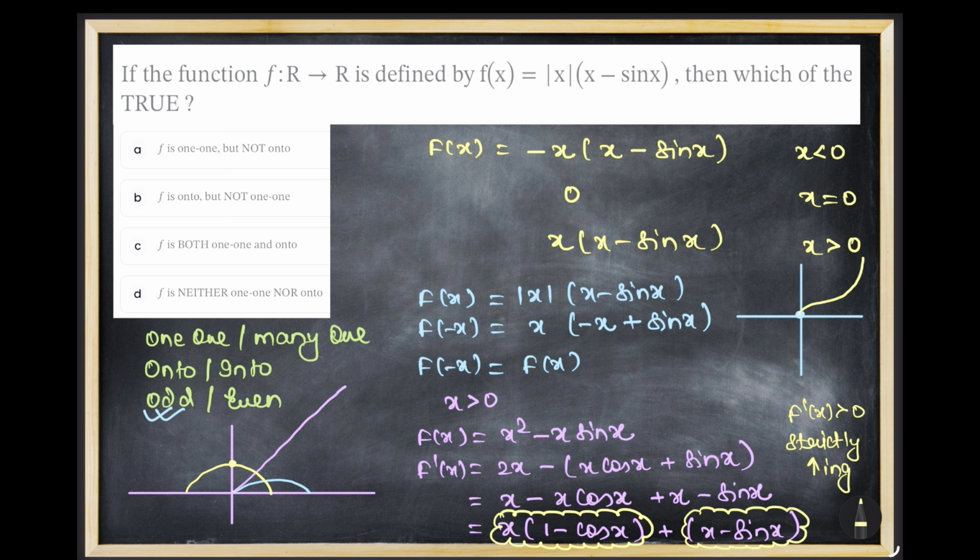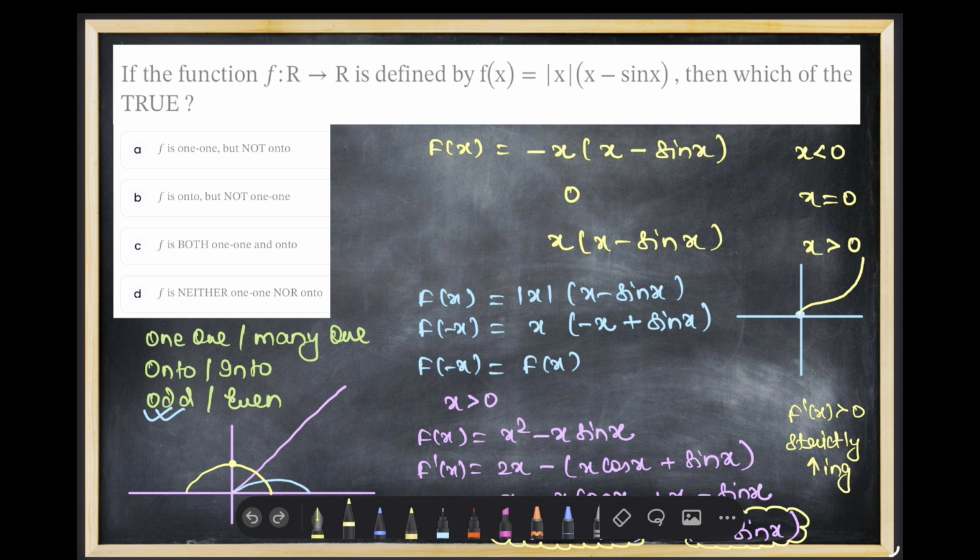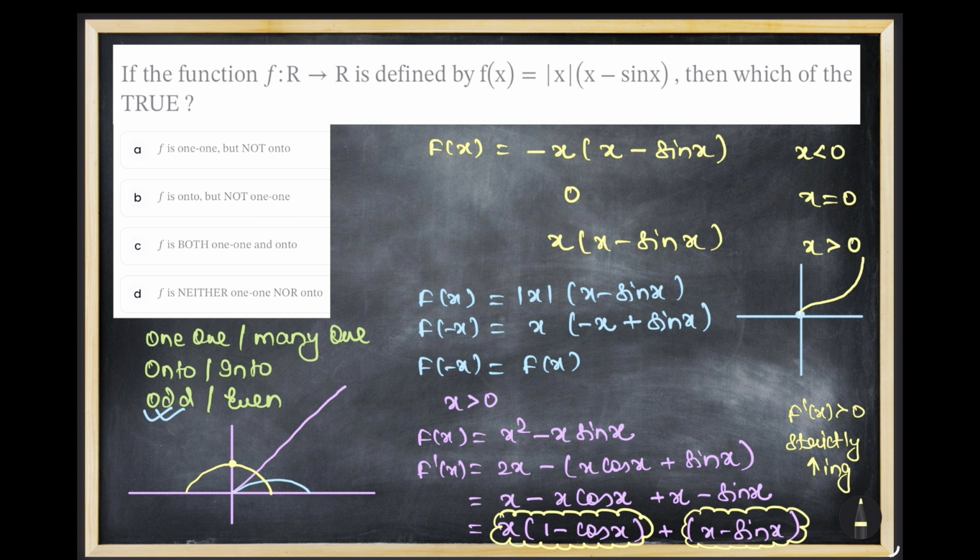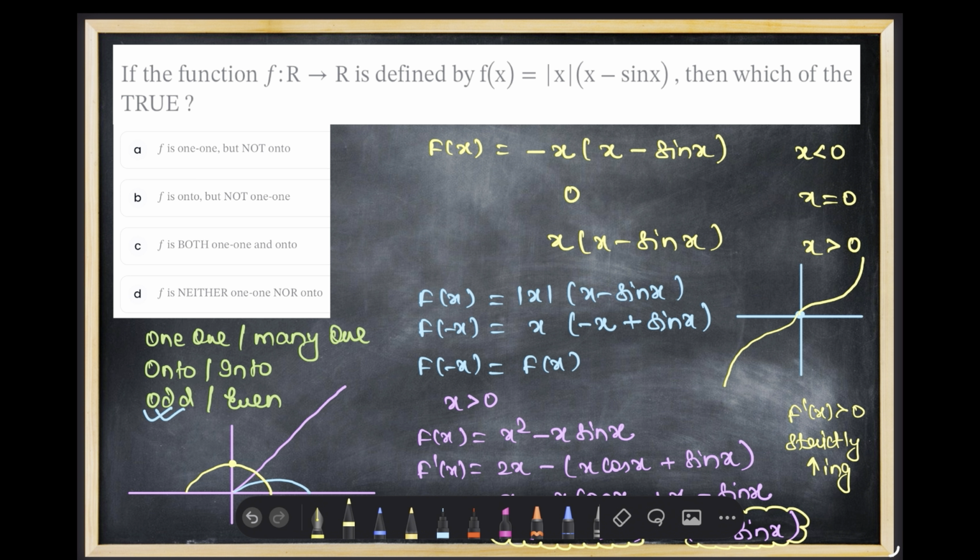It will have no upper opening parabola, lower opening parabola combination. It will keep on growing. And you know that the graph is symmetric about the origin. So I can draw the mirror image, as it is an odd function.